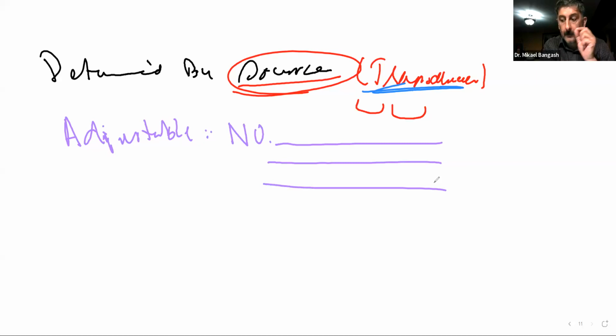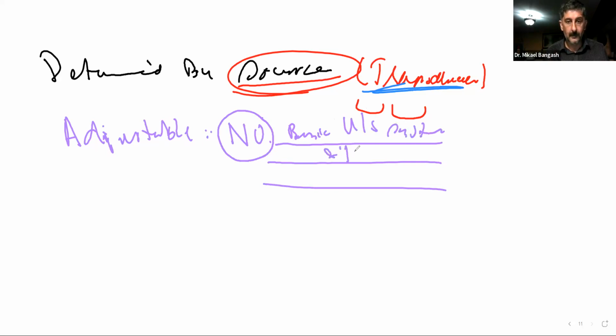The explanation is a matter of whether you can adjust the frequency, and it is no while using a basic ultrasound system and transducer. So it's only going to be no for a basic ultrasound system and transducer.